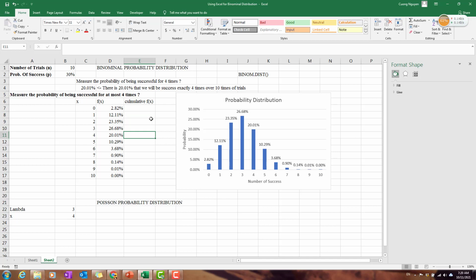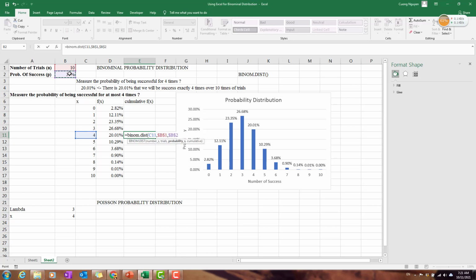I would just measure it right over here, and I would say binom distribution, and the number of successes will be 4 times, number of trials will be 10, and another thing would be the probability of success, which would be 30%.